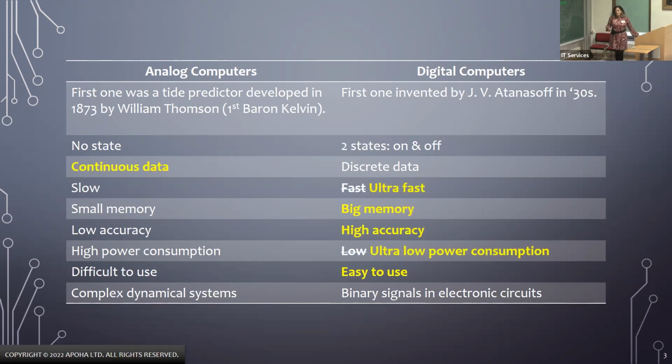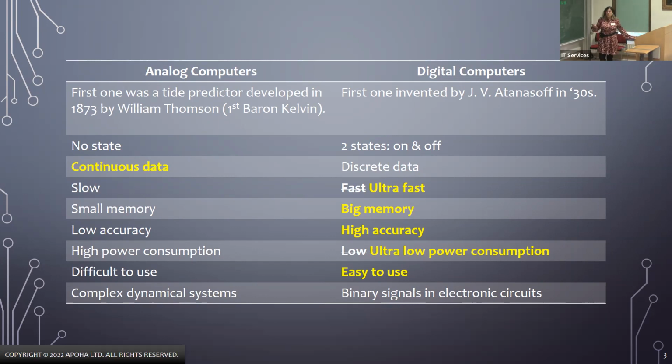So the question is, and this is the dream, I'm not going to tell you that we solved this problem, it would be amazing, but we are trying to build a computer that is able to merge together the best of both worlds. A computer that deals with continuous data, but is not only fast, but ultra fast.